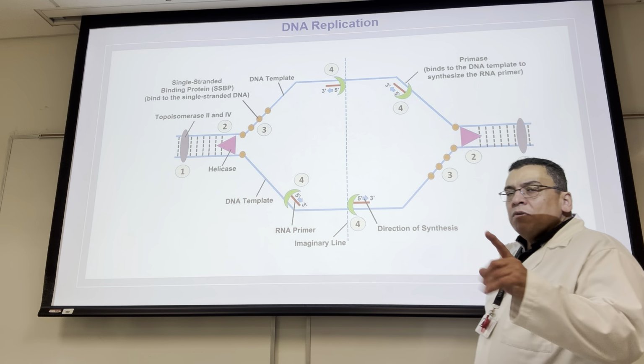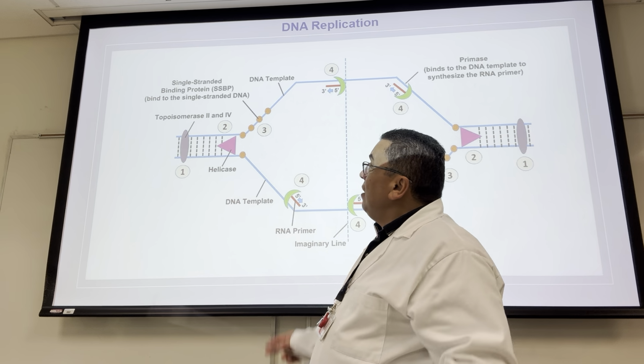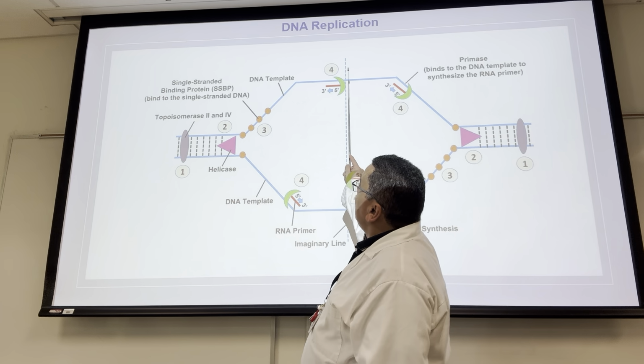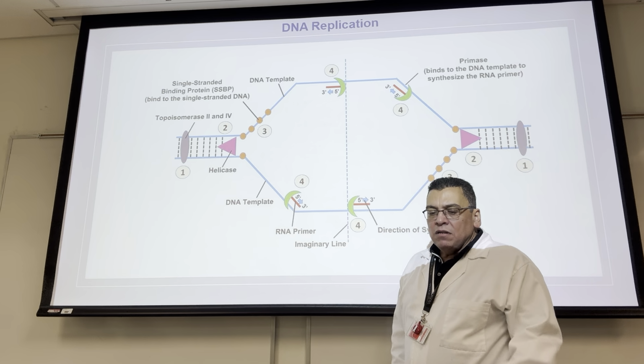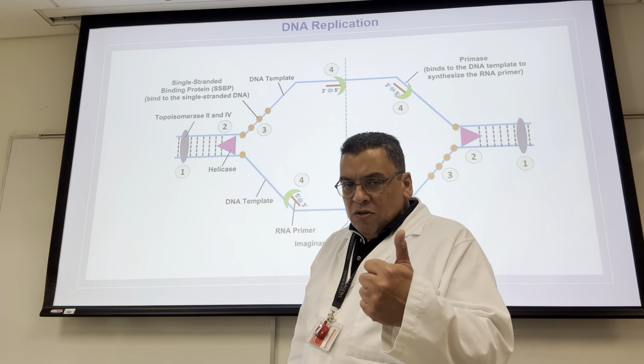The first enzyme is topoisomerase. Don't worry about the number. That's the one that's going to sit at the origin of replication to create the replication forks. Number one, topoisomerase. It will sit at the origin of replication, usually abbreviated ORI.